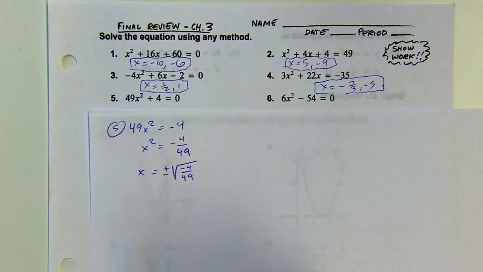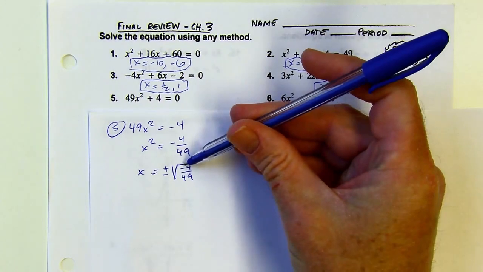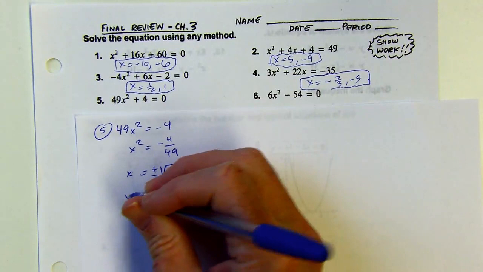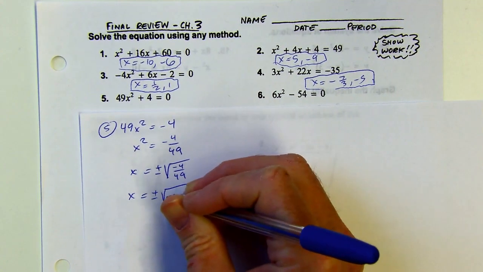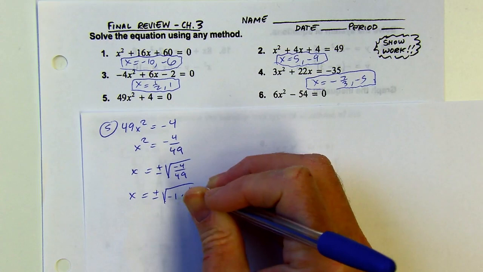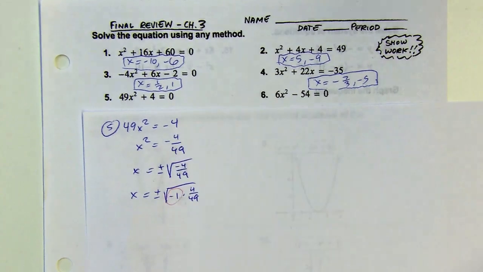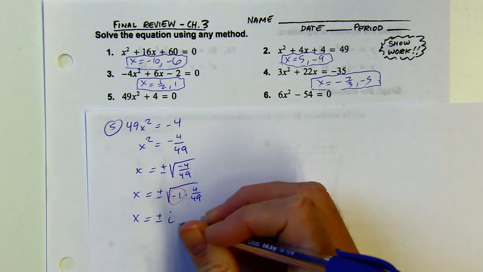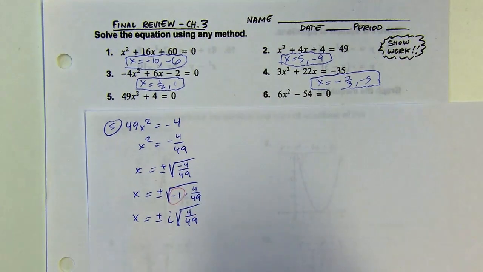Okay, now what we can do with that negative is, the square root of -1 is going to be i, right? So we can think of this like that, and then this part's going to just be i, the square root of -1. So I've got plus or minus i times the square root of 4/49.